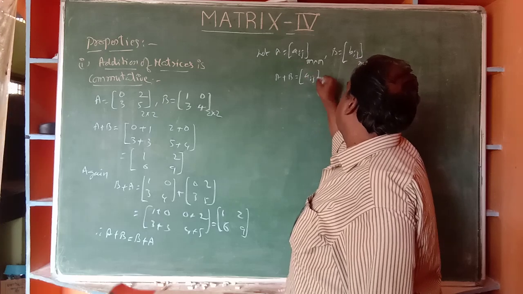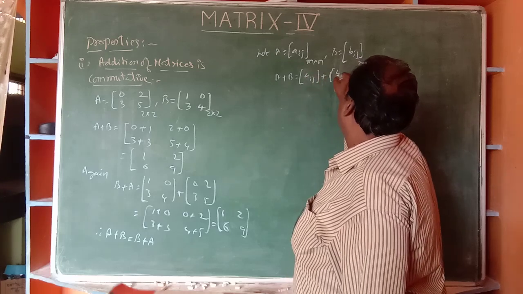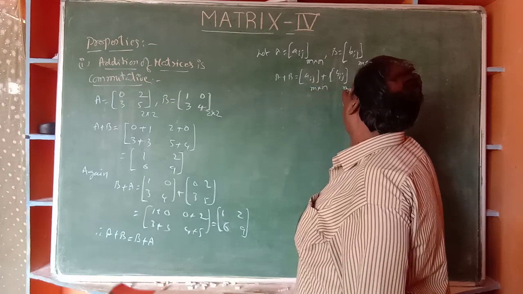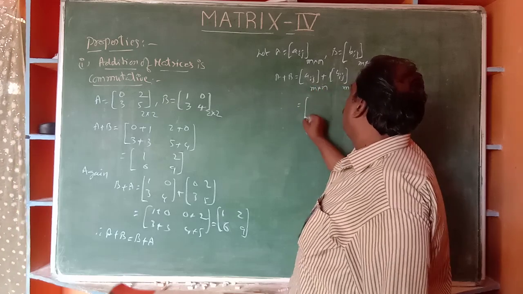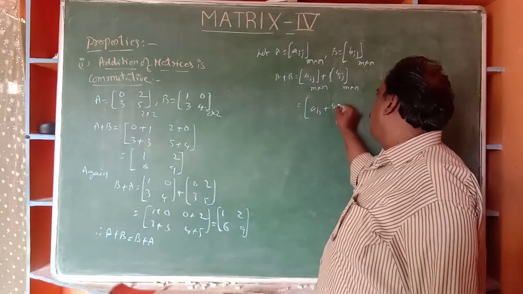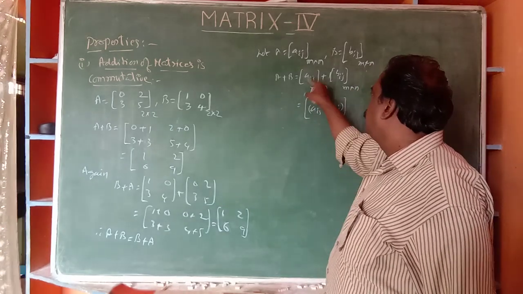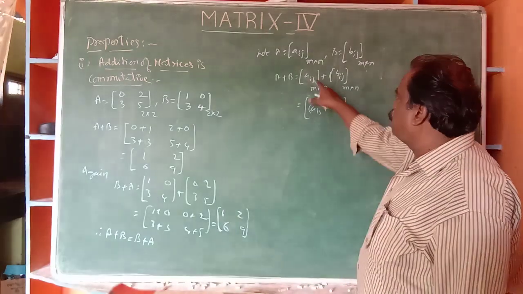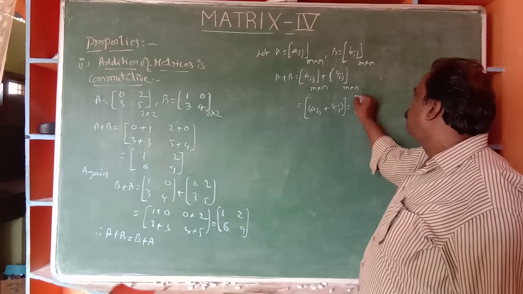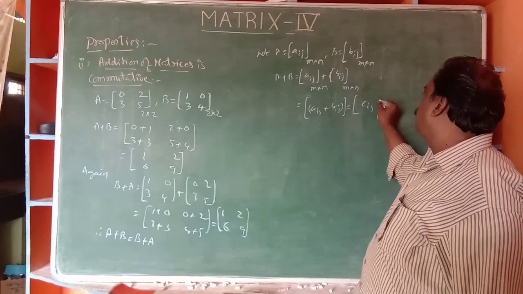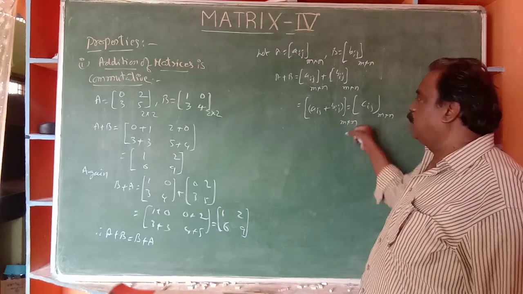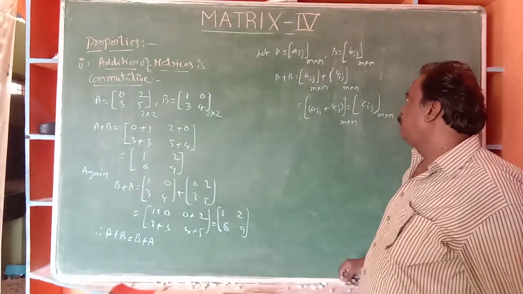It is Aij plus Bij. We are adding the corresponding elements. Here the ith row, jth column element is there. It is also Cij, M by N. A new matrix.